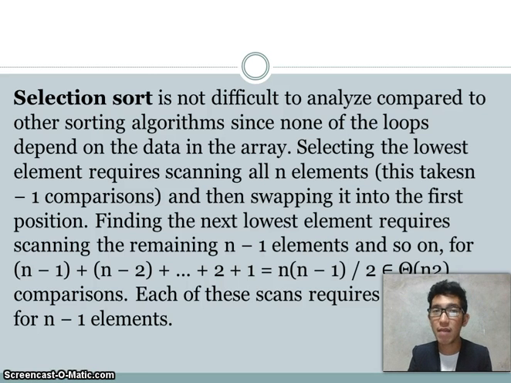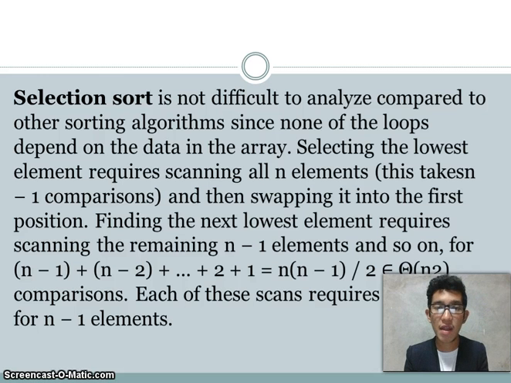So, it means mahirap talaga compared to other sorting algorithms since none of the loops depend on the data in the array. Selecting the lowest element requires scanning all n elements. Syempre, hindi ganun kadali ang mag-sort ng selection sort. Pahirapan ang pagsosort sa selection sort.